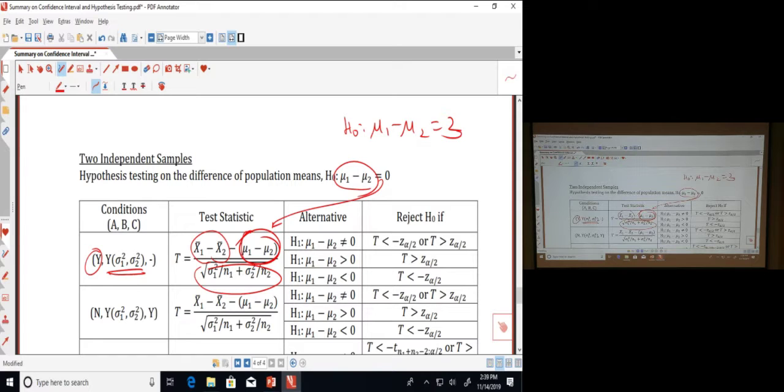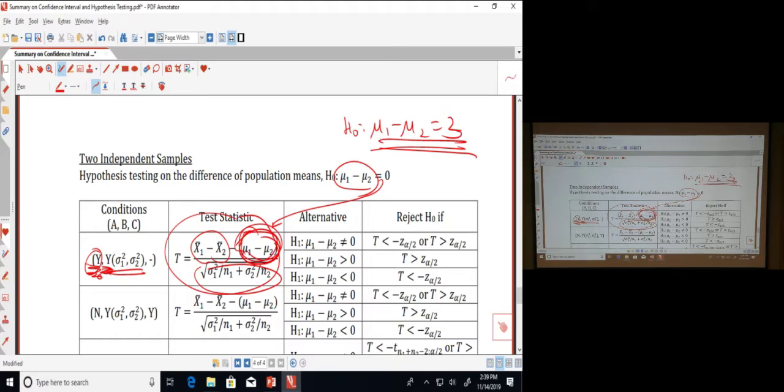With normal and the sigmas known, this follows a standard normal distribution. But now the question is, what is mu1 minus mu2? Remember, we want to test this statement, so I have to incorporate this piece of information in my test statistic.